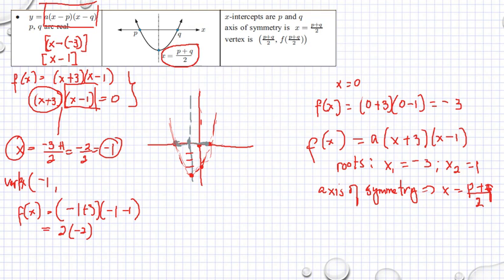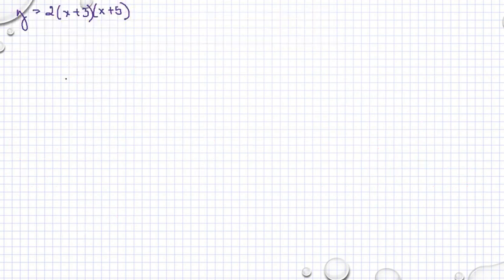Maybe it's not that difficult after you are used to doing things. I will give some examples. Here is another example. We're going to sketch this later, but we are going to find the roots first. We have y is equal to 0.